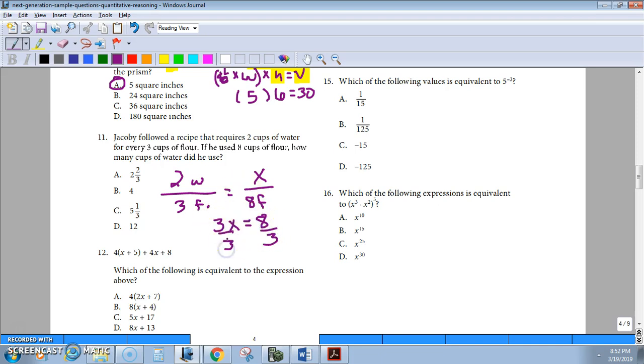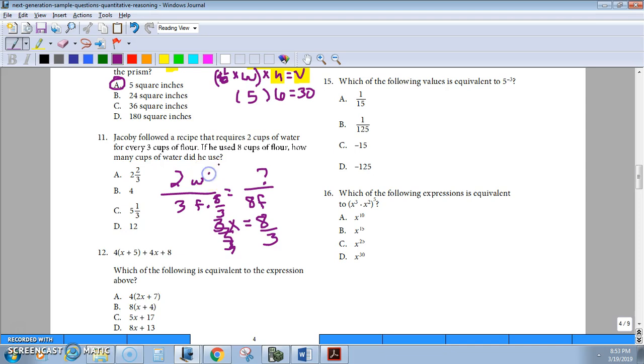I might have confused you here. Let's not make this x. I just always make my variable x. We'll make this a question mark. What I just found is what I would multiply 3 by, 8 over 3, in order to get 8, right? And that's the same ratio that I need to multiply 2 by.